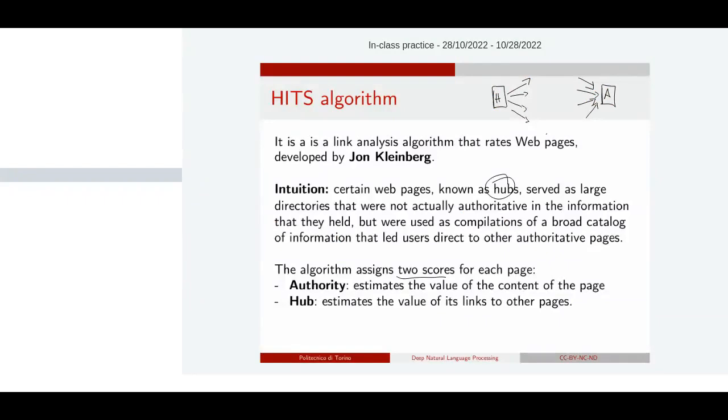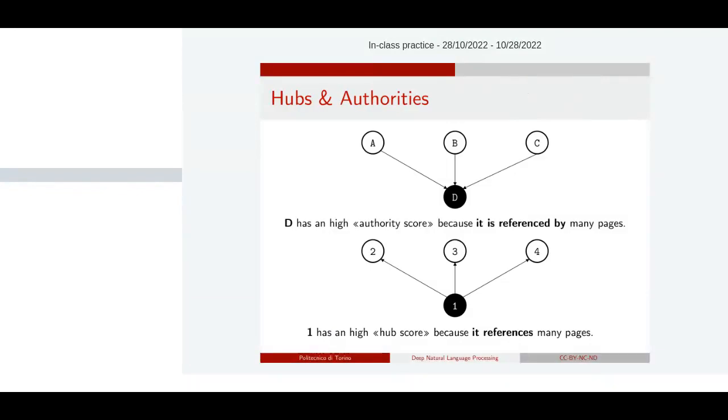The authority score estimates the value of the content of the page. Instead, the hub score estimates the value of the links that it contains to other pages. So if I contain links to authoritative pages, I am a more important hub. This is the intuition behind it.